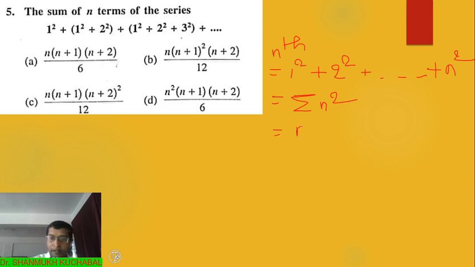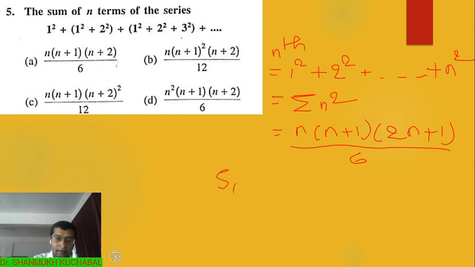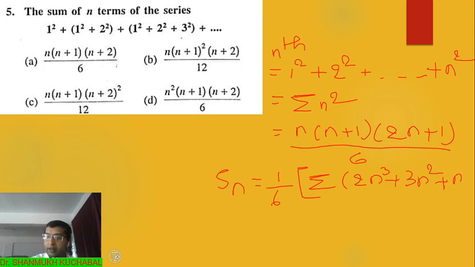Summation of n square is n (n plus 1)(2n plus 1) divided by 6. So now Sn equals 1 upon 6. We will multiply these three factors. We get the summation of 2n cube plus 3n square plus n.